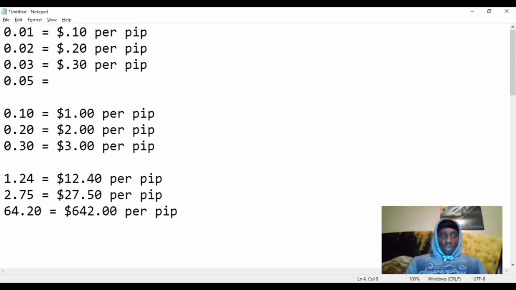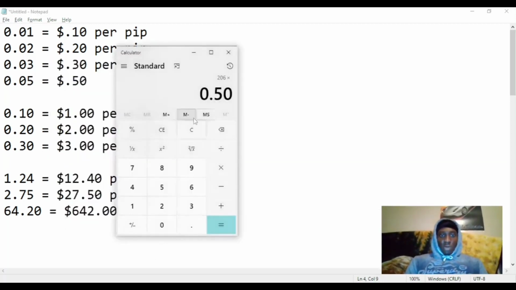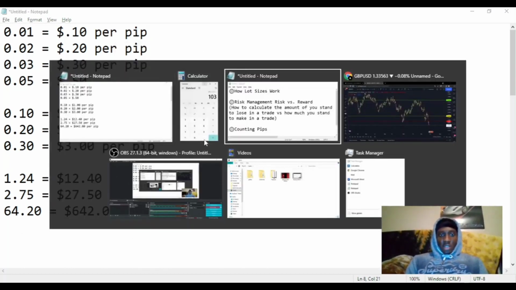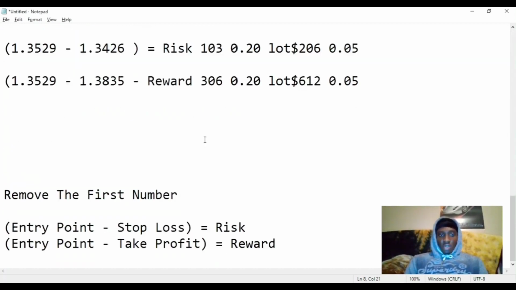So all you have to do is move the decimal point over to the right one. You're going to get 50 cents per pip. So that's why we're multiplying it by this. That's 103. So our risk would be $103.